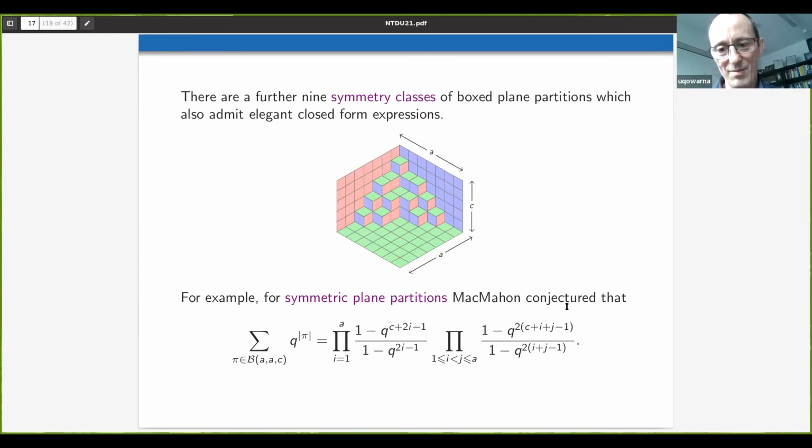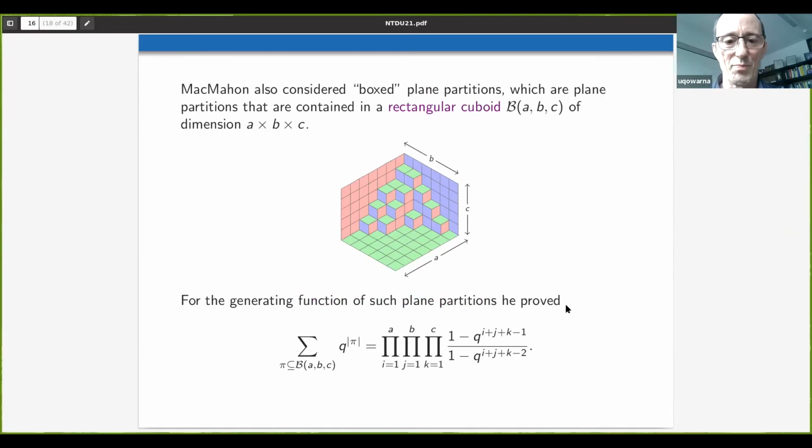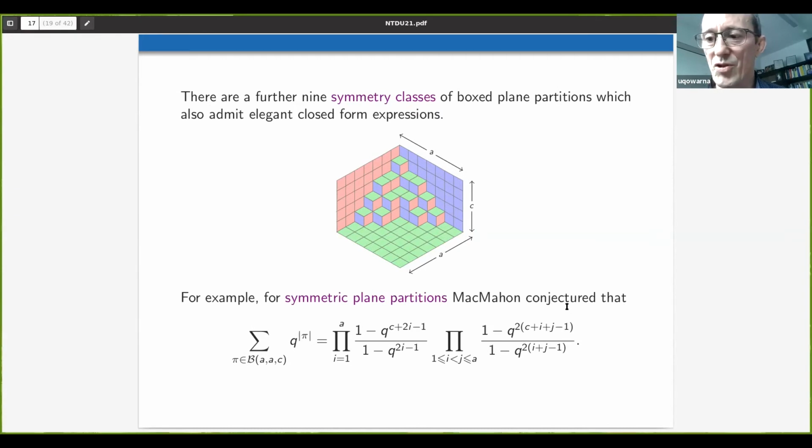This is much harder than the previous one, which was proved by MacMahon. This one was only conjectured by MacMahon, and it took, I think, 60 or 70 years before it was actually proven. But that's not the story of today. There are many of these nice formulas around for plane partitions that fit in a box, and for the various symmetry classes of these.